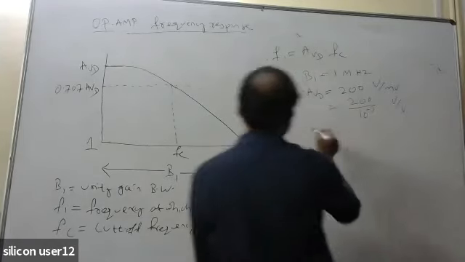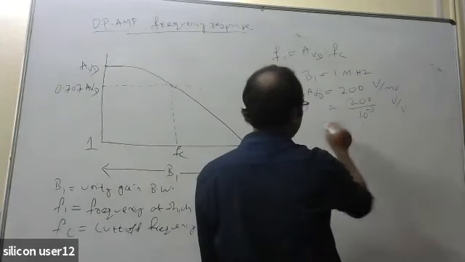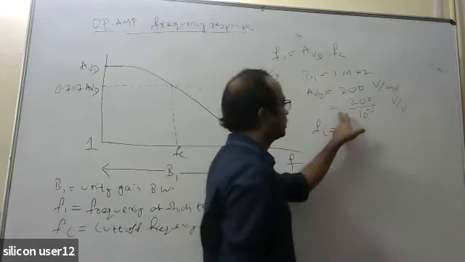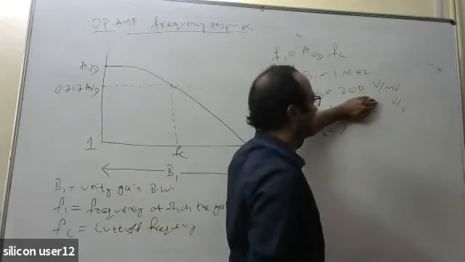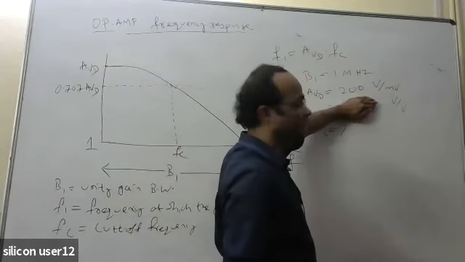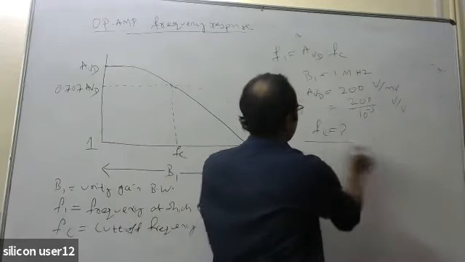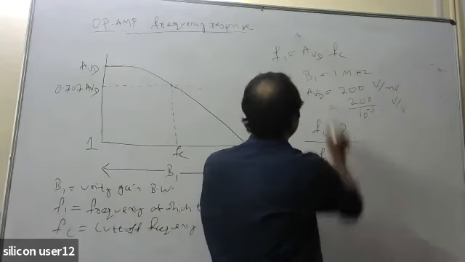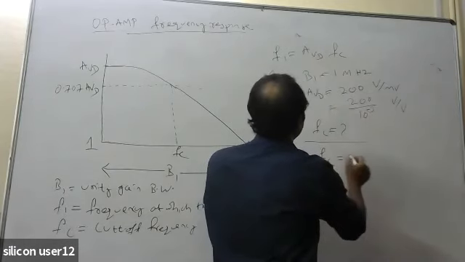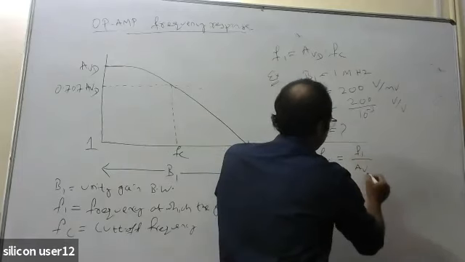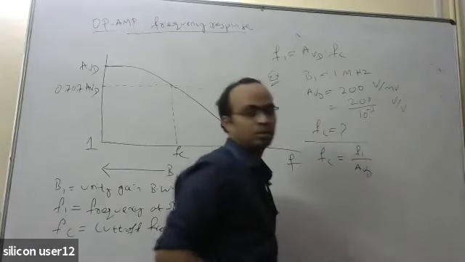So now find out FC. FC equal to how much? This part I just solve myself, it is not given in the question. So find FC. As per the above equation, FC equal to F1 by AVD. Is F1 given or not?